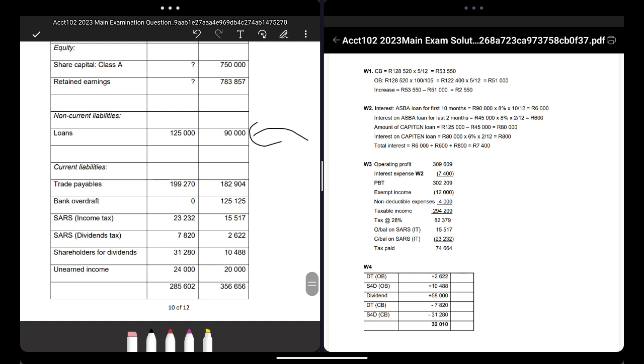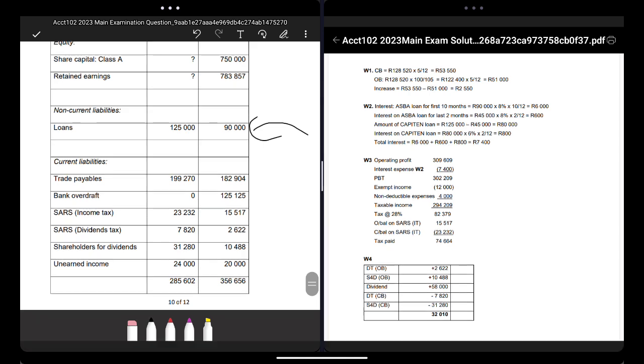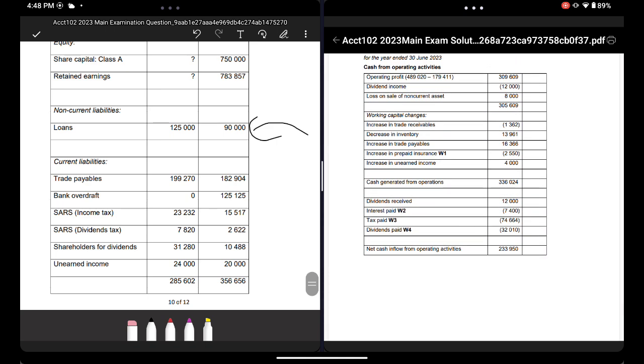So 125,000 minus 45,000 gives you 80,000. That's your new loan. You took the new loan 2 months before the year ends, so you only had it for 2 months. Times 2 over 12 times 6% is equal to 800. Add all the interest, you get to 74,400, and interest paid 7,400 in brackets because it is paid.